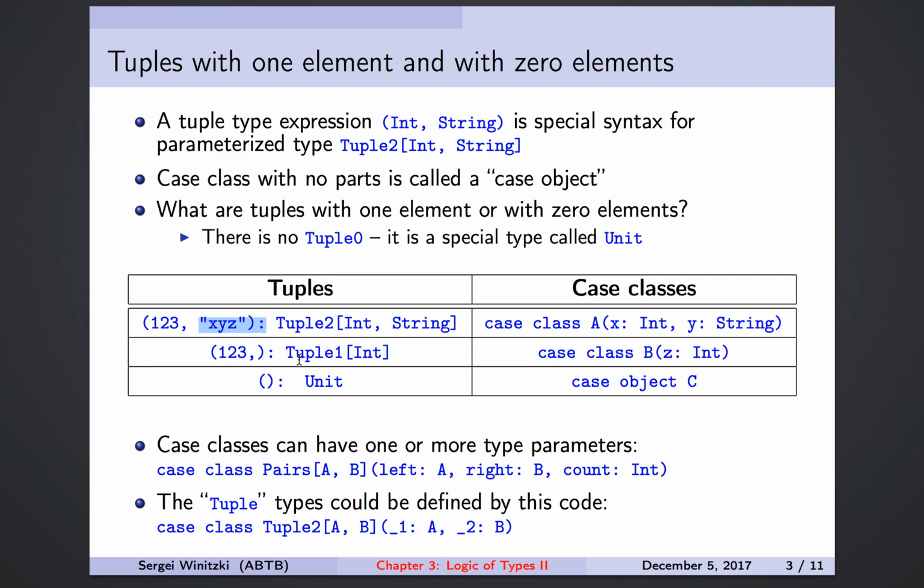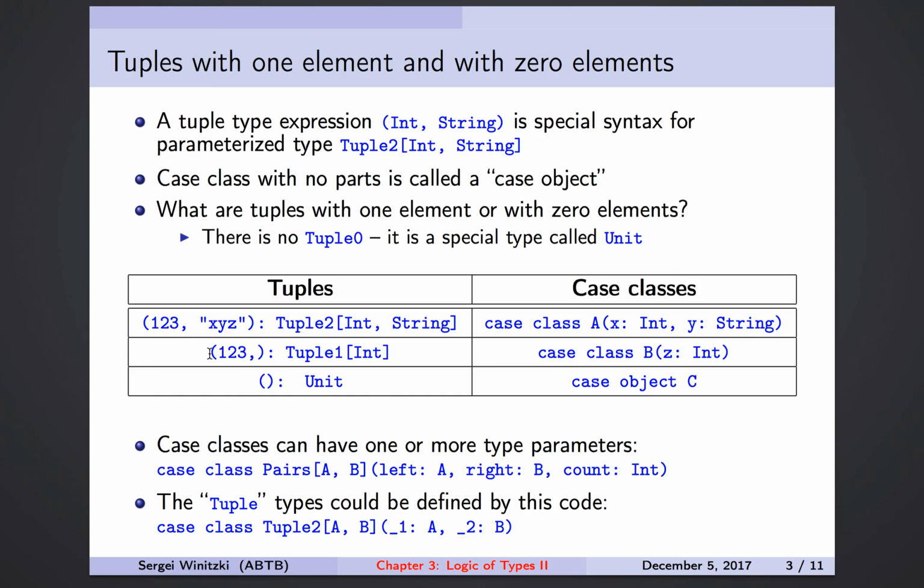And corresponding to that, if you want to put names on these tuples, what do you do? Well, you put names. So for a tuple with 0 elements, you put a name on it, which is this. That's called a case object. So these are keywords of Scala that you need to use if you want to put a name on an empty tuple.